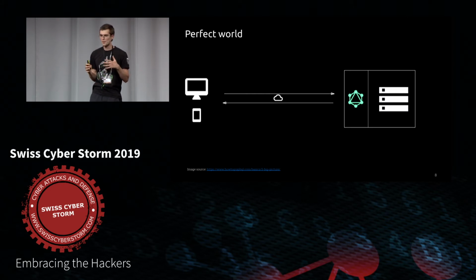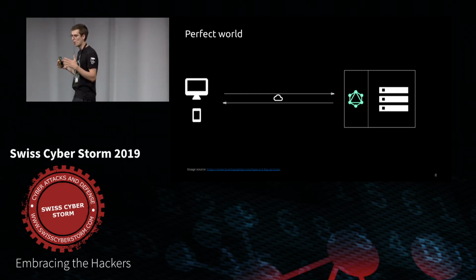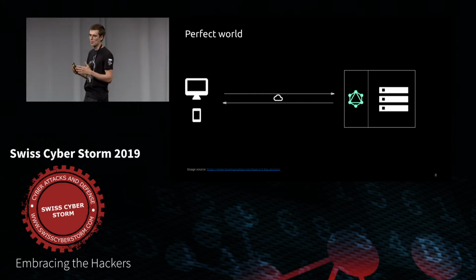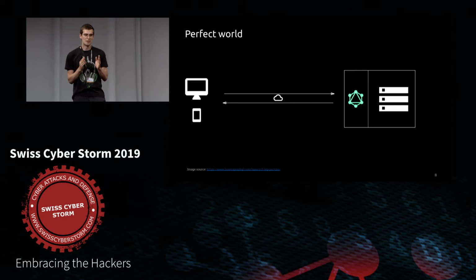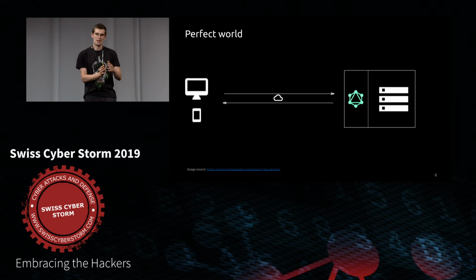So now let's shift gears and talk about how GraphQL is exposed on the server. On a server, it's usually a layer between a client and a database. But that's in a perfect world.